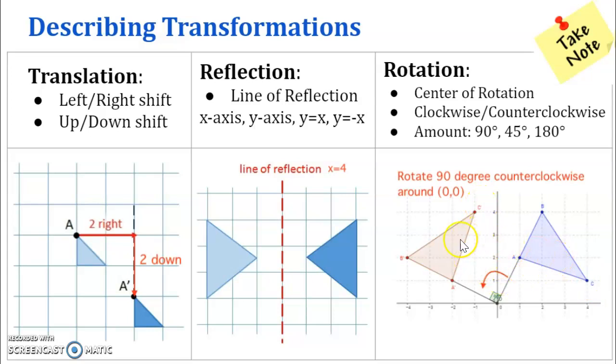So purple became the orange, and it was rotated, and you can see the angle. If you join any vertex to the point of rotation, and then another line from the corresponding vertex to the point of rotation, the angle it makes is the degree by which it is being rotated.